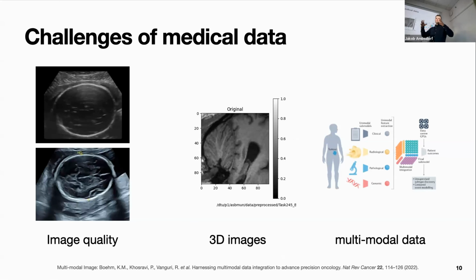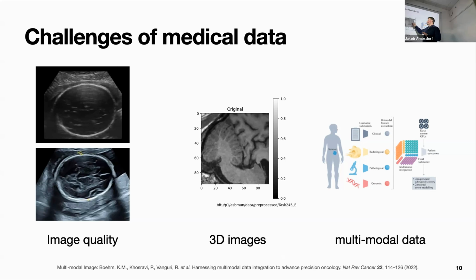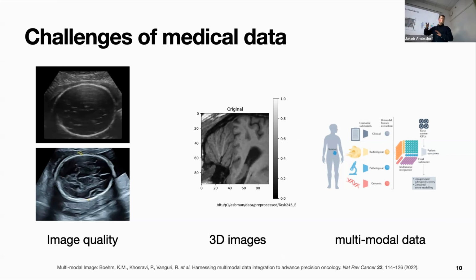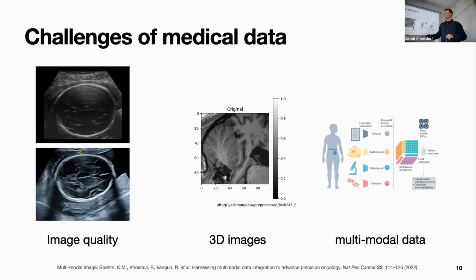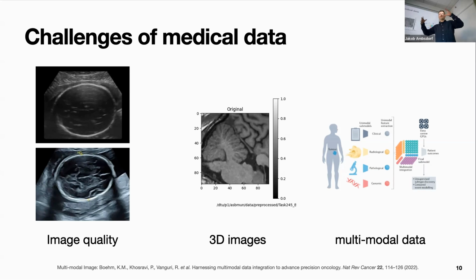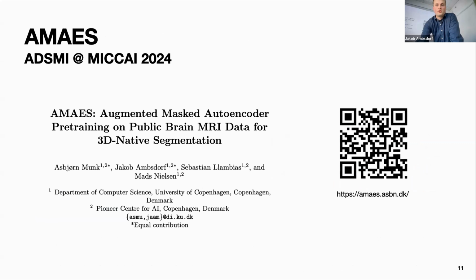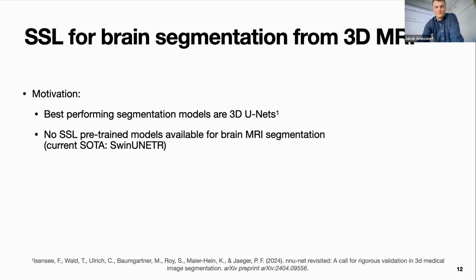You have a volume of a brain, and that means you not only have X and Y, but also Z. And you can solve this similar to this visualization here by going through slice by slice, which is basically like 2.5D. You can just process multiple 2D images, or you take the whole thing, and that means you also do 3D convolution and everything like that. Thank you. That's a good question, I think.